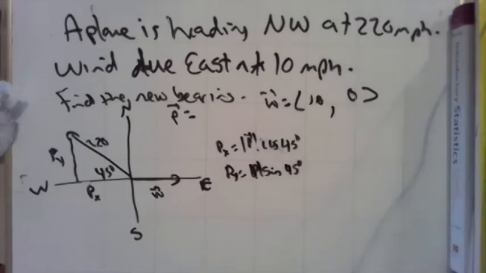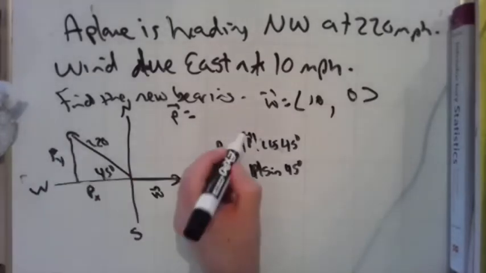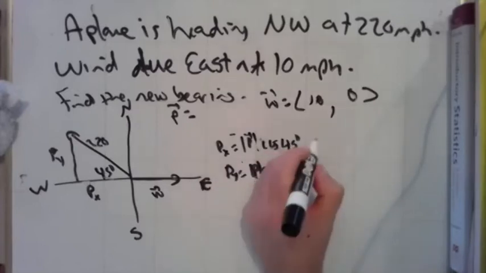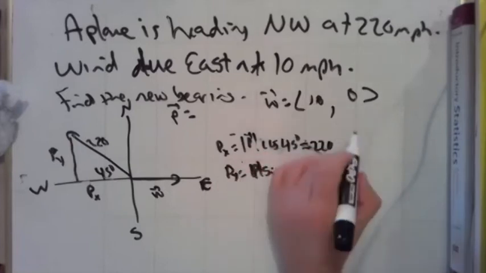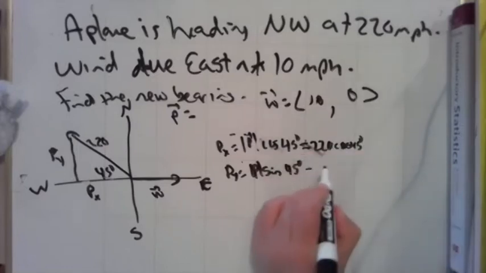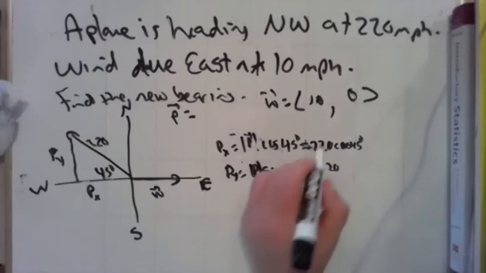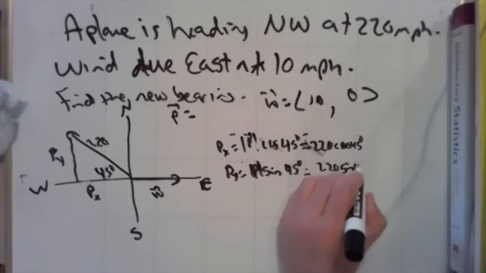I have to put in the pluses and minuses myself. So I can look at the picture and see that this x component is negative, this y component is positive. So this would be 220 cos of 45, negative 220 sine of 45. Oh, no, that one was the negative. This is positive, sine of 45.